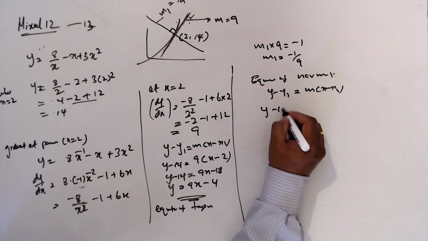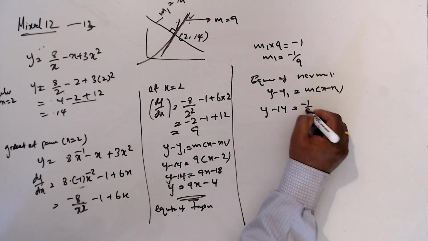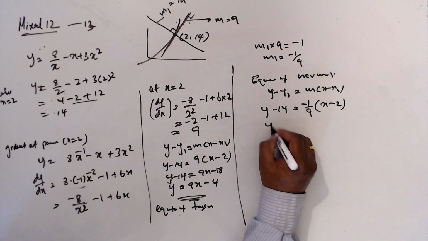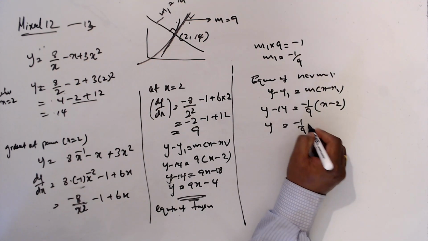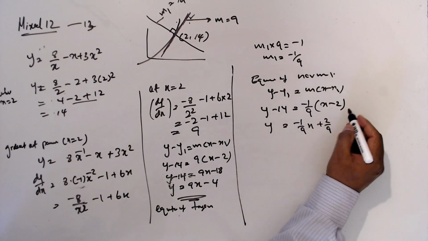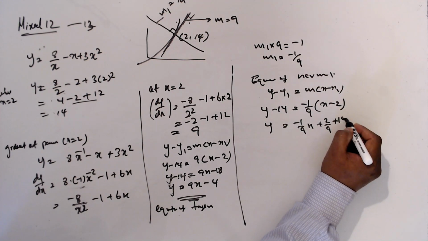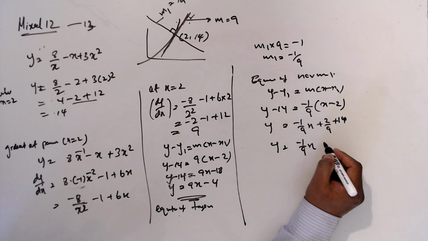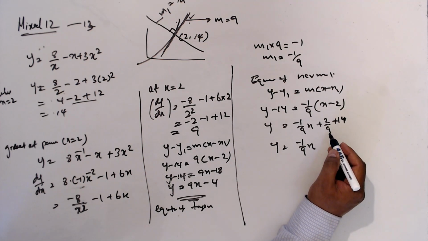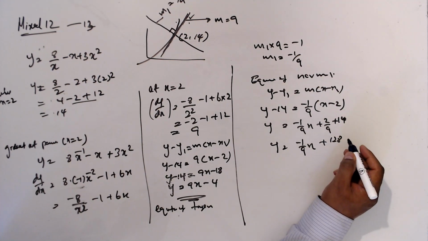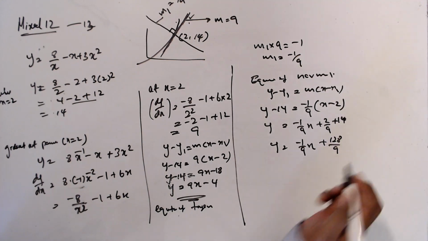Y minus 14 equal minus 1 over 9 times x minus 2. So y equal minus 1 over 9x plus 2 over 9. This minus 14 becomes plus 14. So y equal minus 1 over 9x plus 128 over 9.